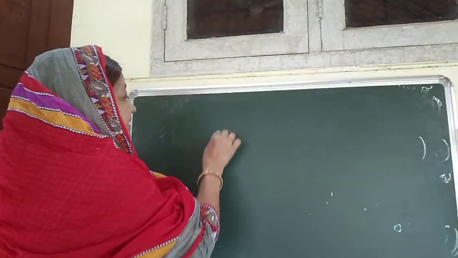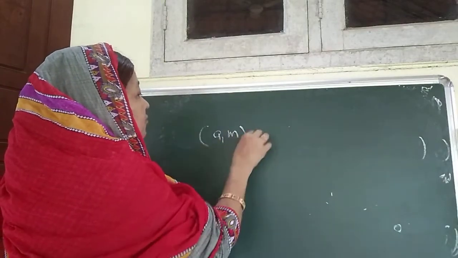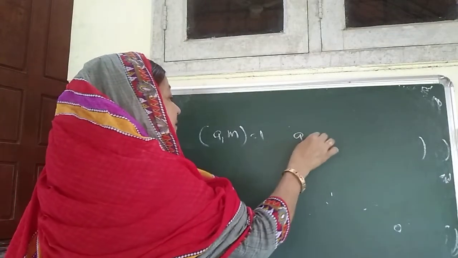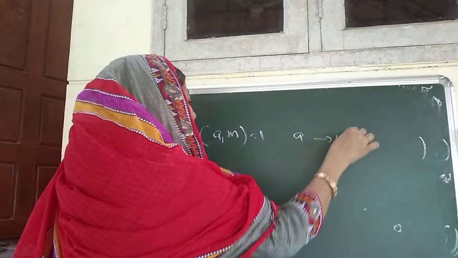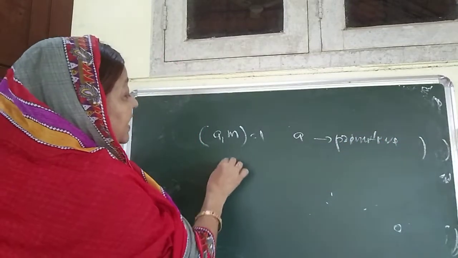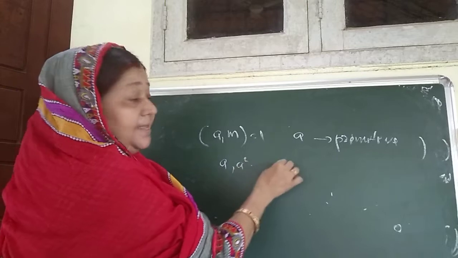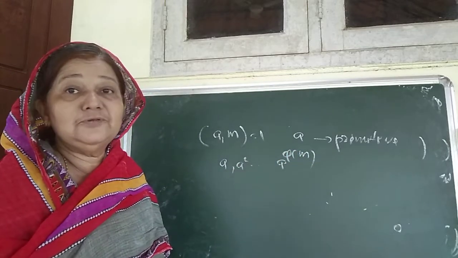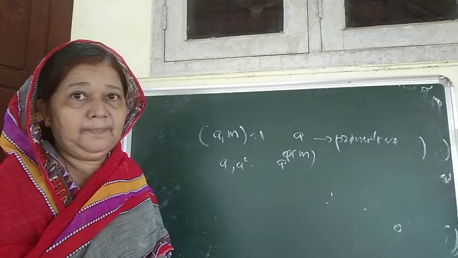The theorem states that if a is a primitive root, then a, a square, etc., a raised to phi m form a reduced residue system modulo m.